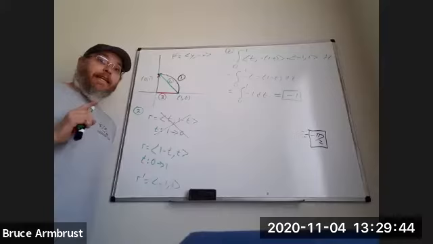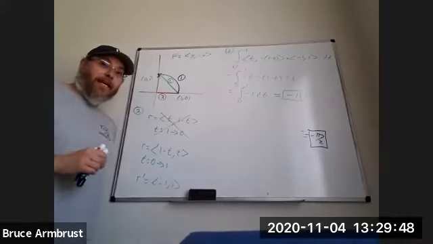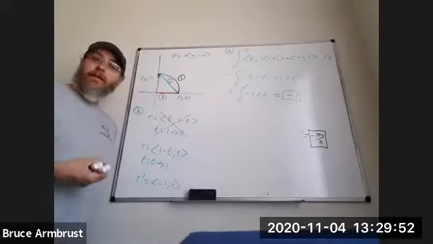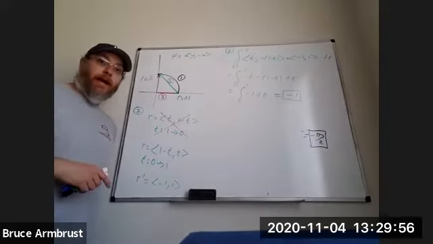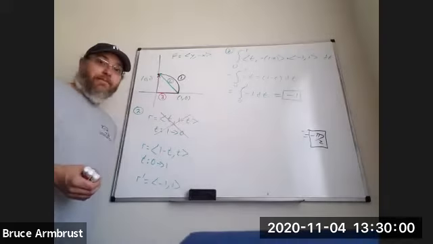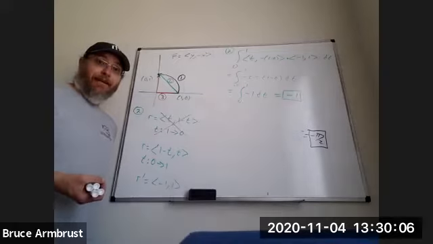Got it. Okay, so with line integrals, in general, it does matter what path you're taking. Sometimes it doesn't, like the example we saw last time, where it didn't matter which path we took. That's why you're going to like those kinds of fields. If you can recognize a field that's going to be path independent, you're going to like that.